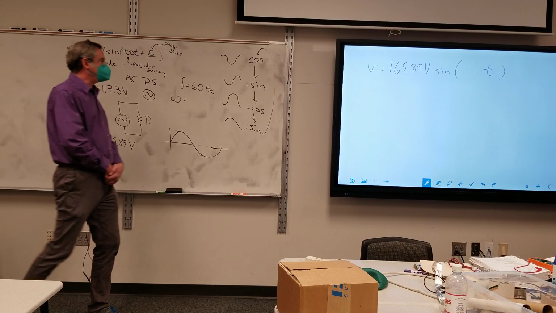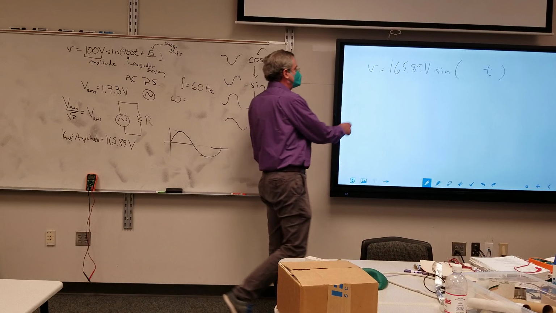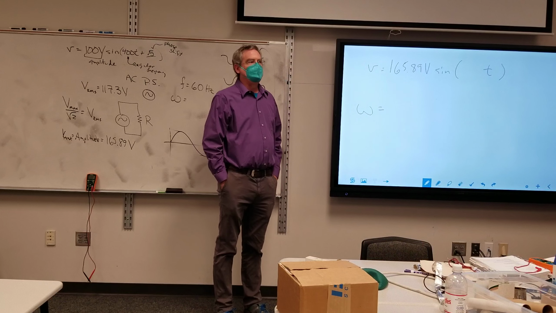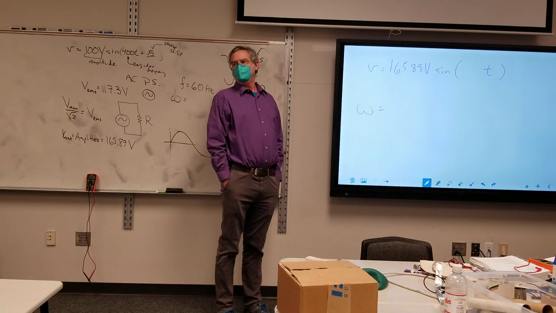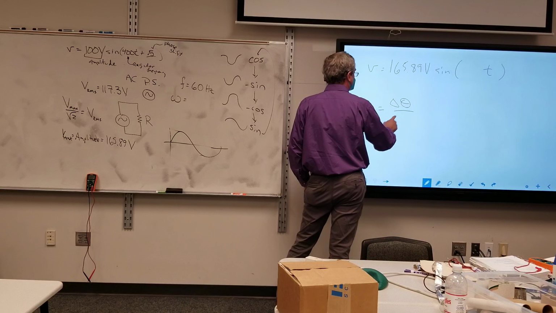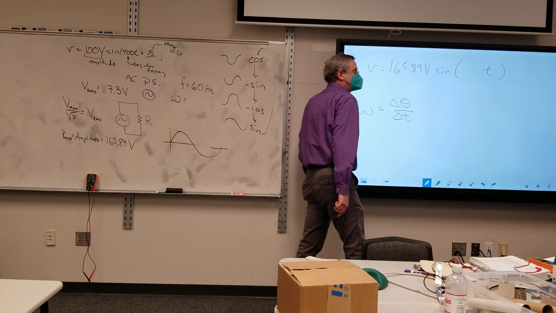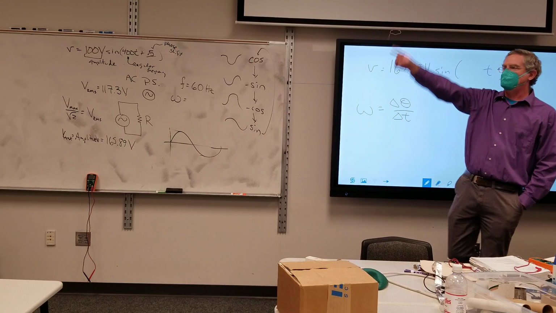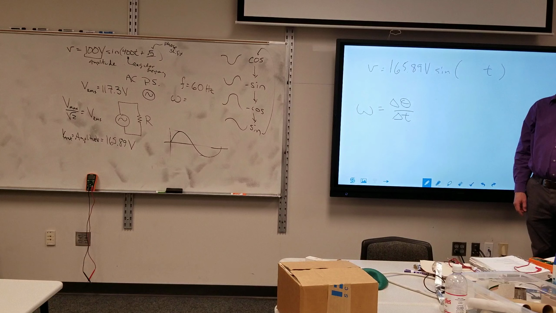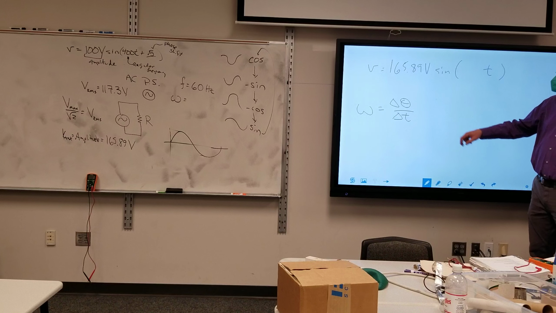Yeah, what's the formula for angular speed? Change in angle over change in time. Yes. So if I have something going around a circle once, what's the angle? 360 degrees, or 2 pi radians? The radians is the one we want.